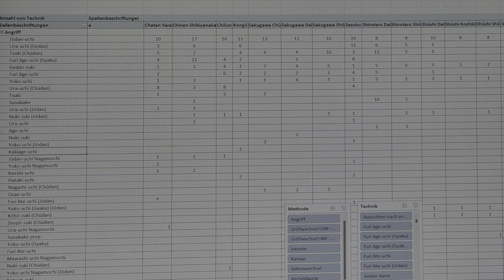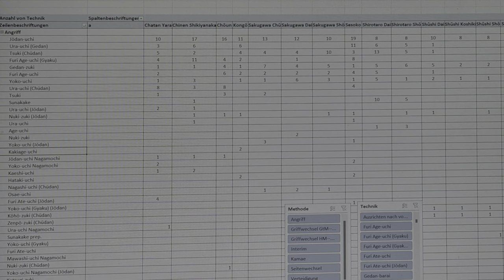So the number of Tsuki in, for instance, the Akamine lineage Kobudo is much higher than in this by Inoue, and much higher than in the forms that Taira Shinken did himself, because he didn't do so many Tsuki.